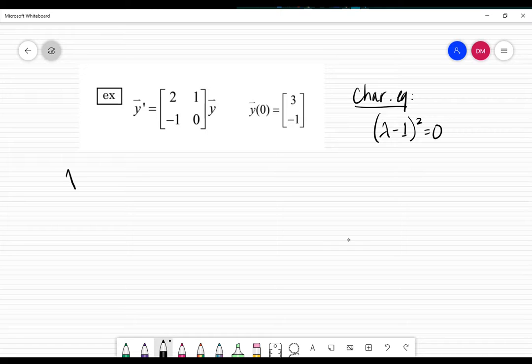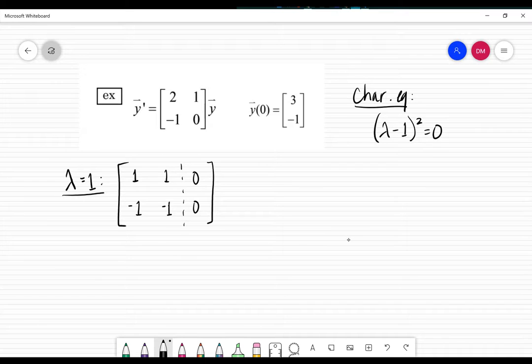We're going to go ahead and figure out what to do when we plug that 1 in. So I get 2 minus 1 for this element, 0 minus 1 for that element, and everything else remaining the same. So you can see here, if I augment this with 0, 0 in order to solve, I get that row 2 is just a scalar multiple of row 1.